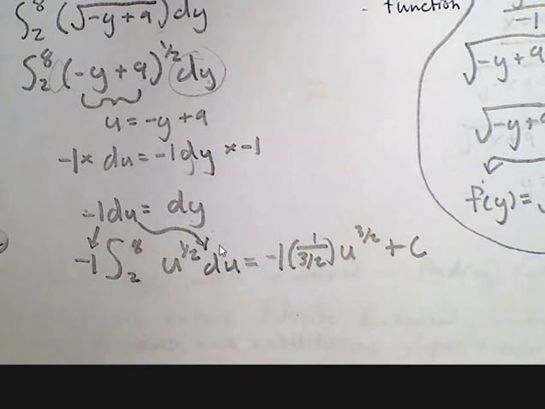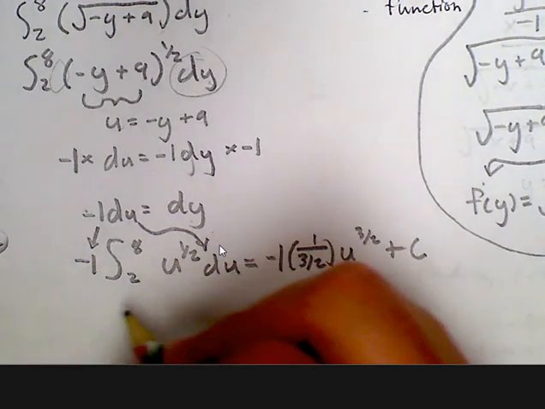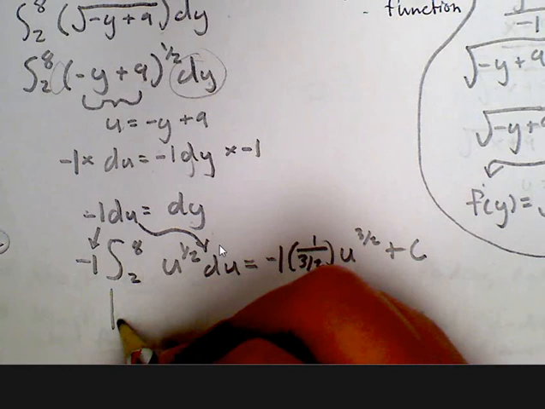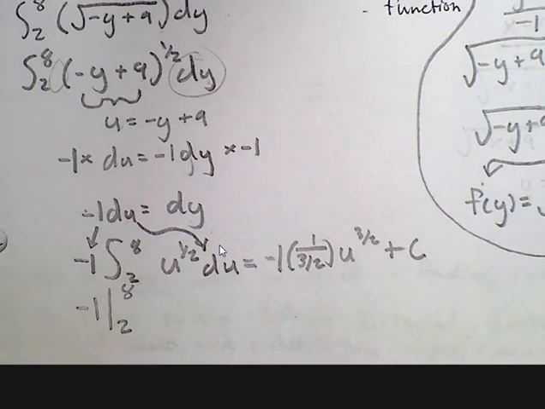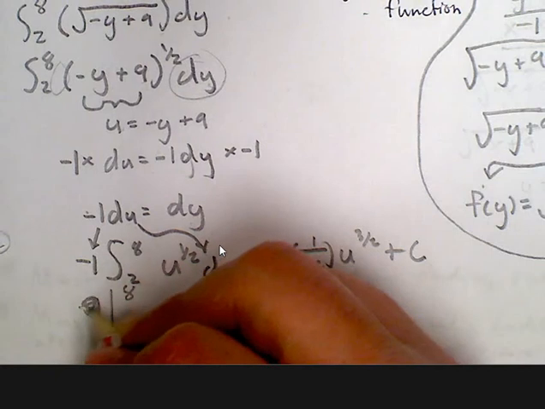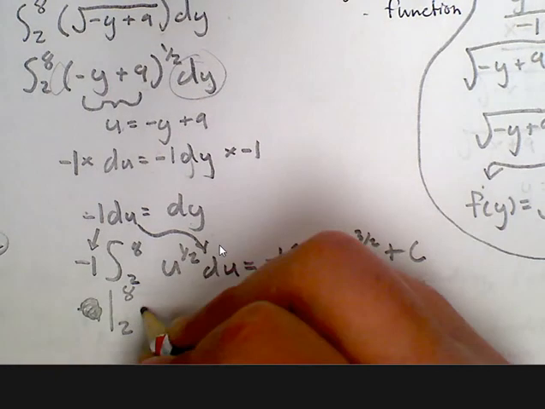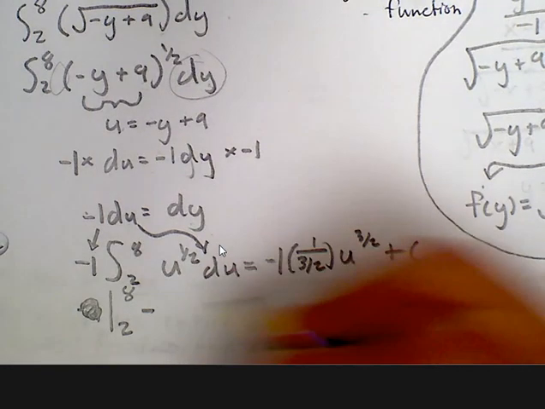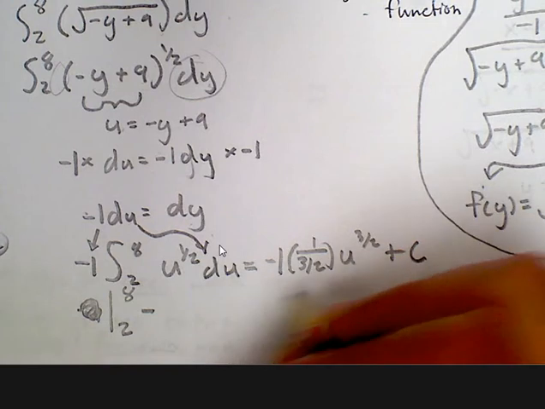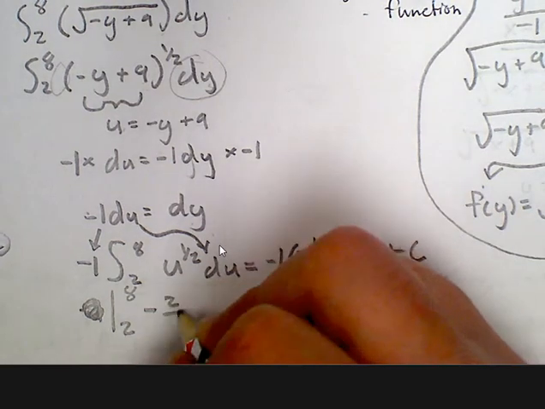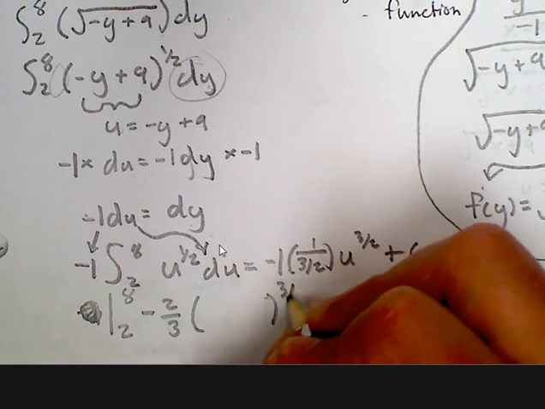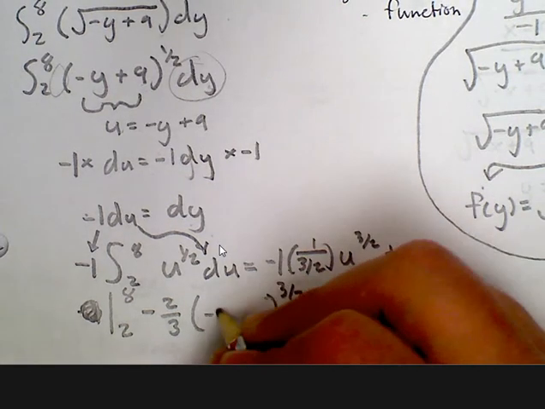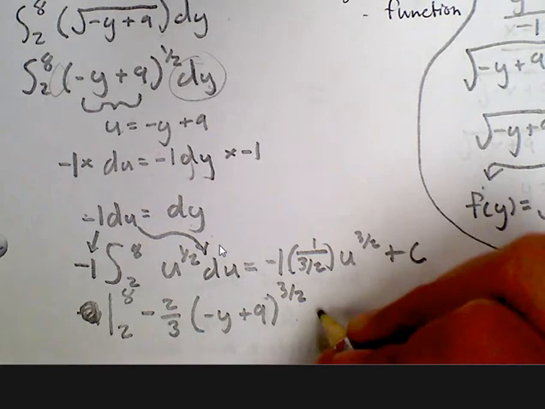That's evaluated from 2 to 8. My bad, I put the negative in my answer, and that's supposed to be in there. That becomes negative 2/3 u to the 3/2, which is negative 2/3 times negative y plus 9 to the 3/2.